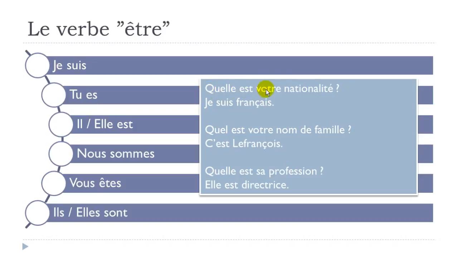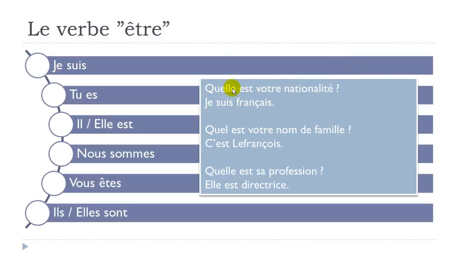Quelle est votre nationalité? All right, and in French we tend to raise the voice at the end when we've got this little point d'interrogation. If it's a question, don't be afraid to raise a little bit at the end. Okay, so quelle est votre nationalité?